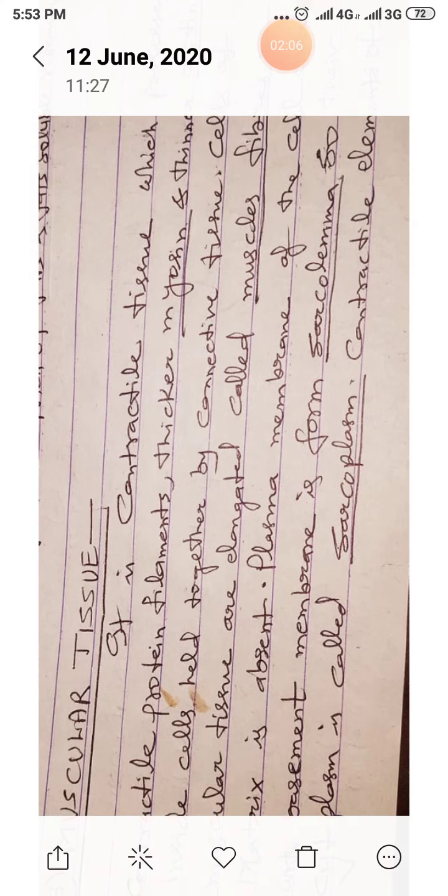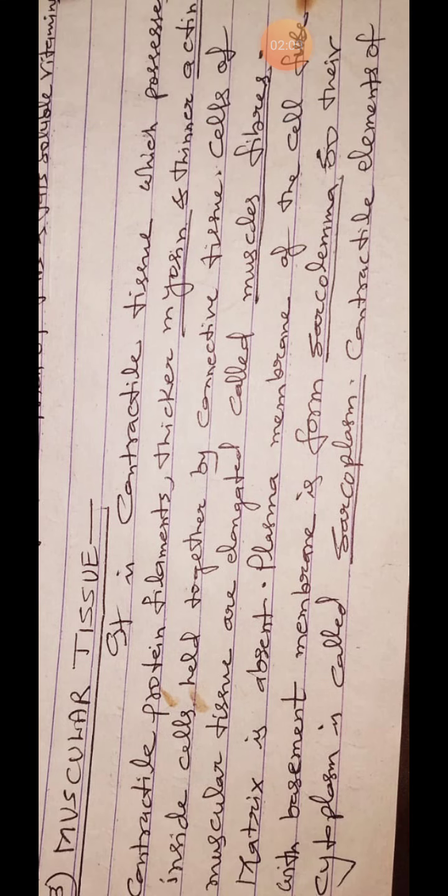Then the second unique feature of this tissue is that the plasma membrane fuses with the basement membrane.